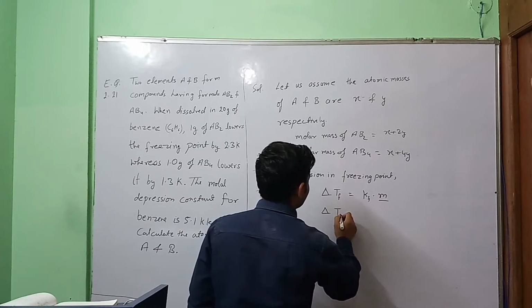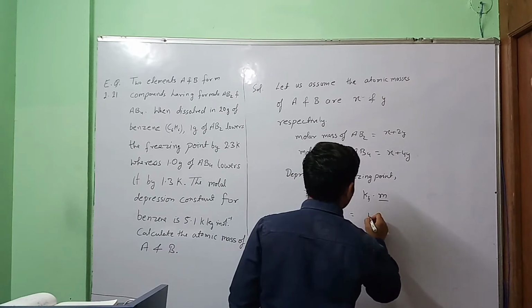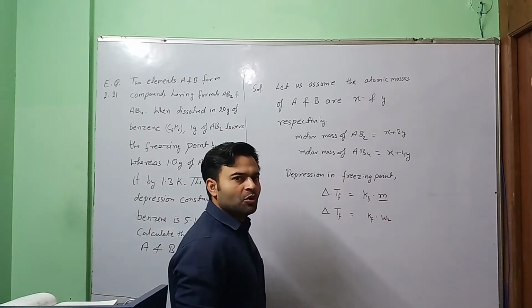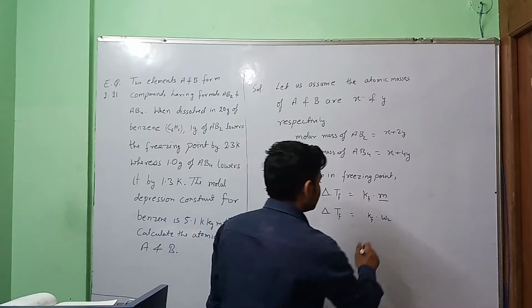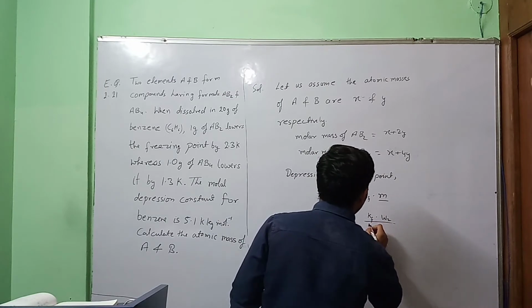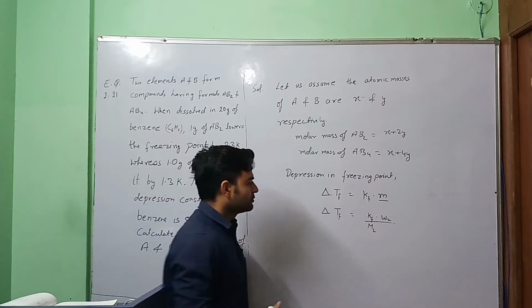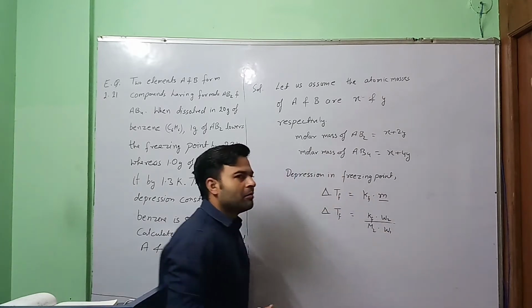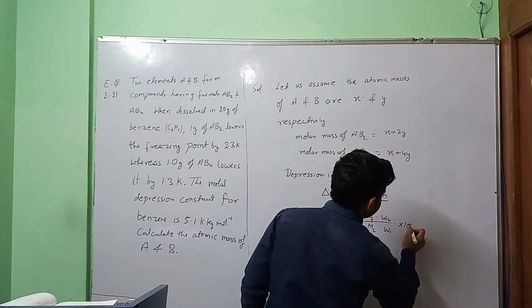This formula can also be written as KF into W2 upon M2 into W1 into 1000, where W2 is given mass of solute, M2 is molar mass of solute, and W1 is mass of solvent which will be in gram.